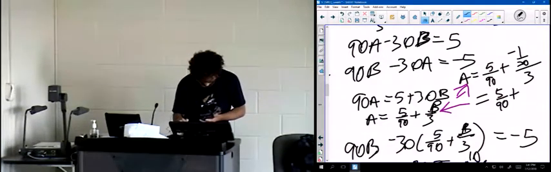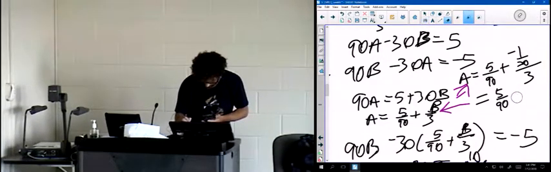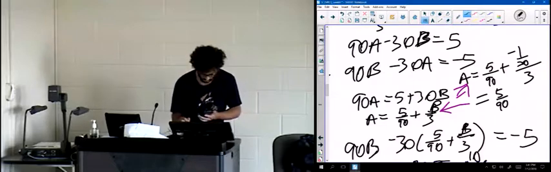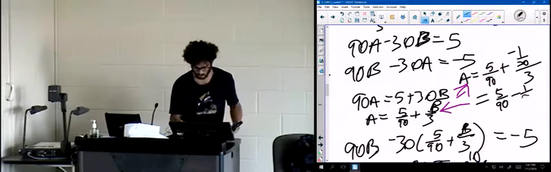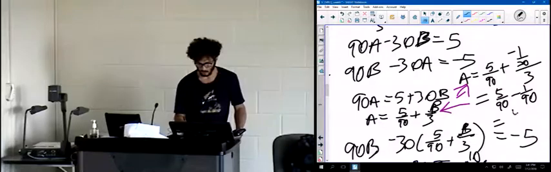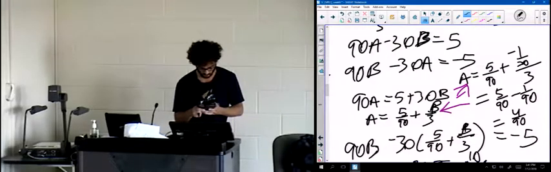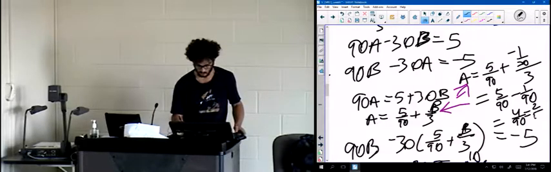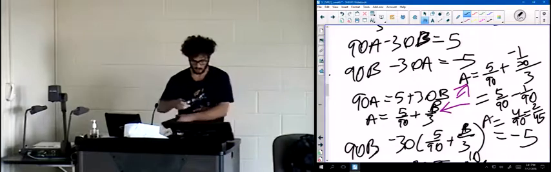And so this is negative 1 over 90. So 4 over 90, and that could be simplified even further to 2 over 45. So that is exactly a.